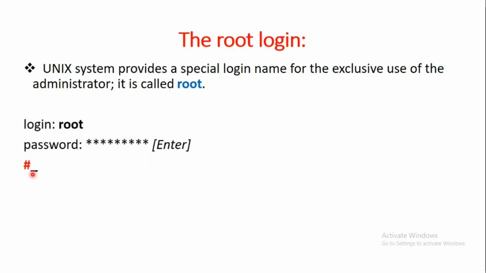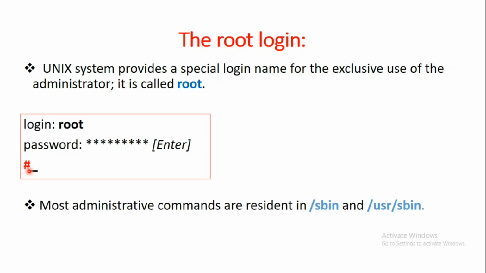Okay, he becomes the root user of the system, and Unix specifies that you are the root user by displaying a hash command prompt. For a normal user, the dollar is displayed as the command prompt symbol, right? So this hash specifies that you are the special user, the super user, the admin of the system.